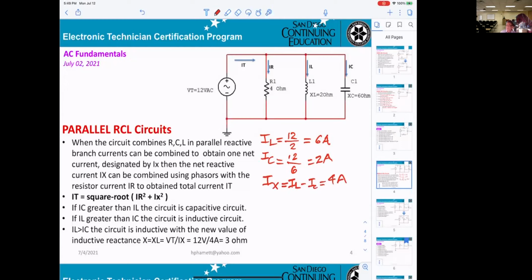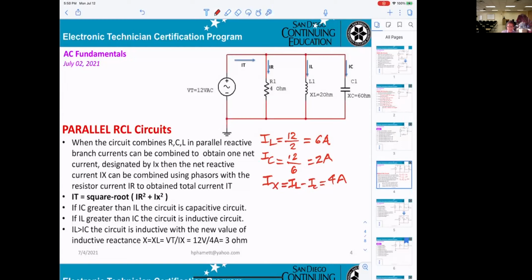So that is the first thing you want to do: you have to know which current is higher. Okay? In this case, the inductive current is higher than the capacitive by 4 amp. And now you go back to the circuit with R and L. Okay?